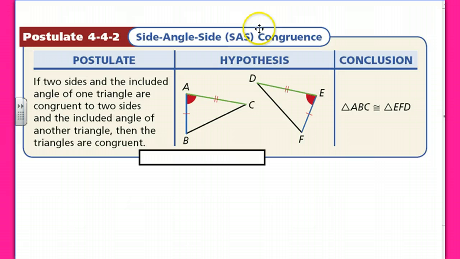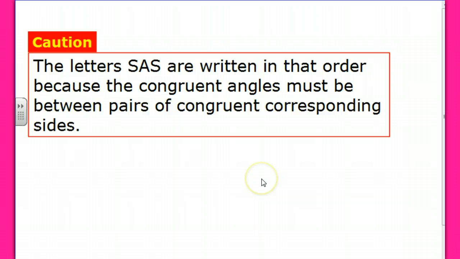It's like a little sandwich, SAS, with an A in the middle. The letters SAS are written in that order because the congruent angle must be between the pairs of congruent corresponding sides.